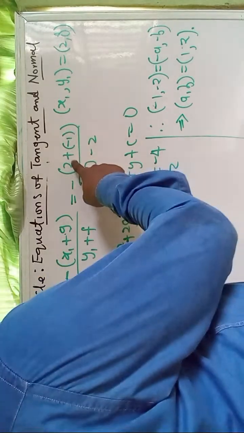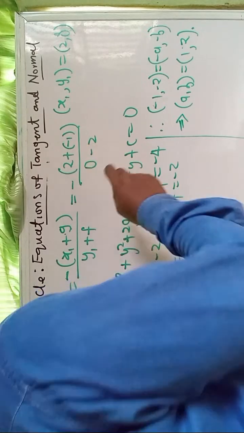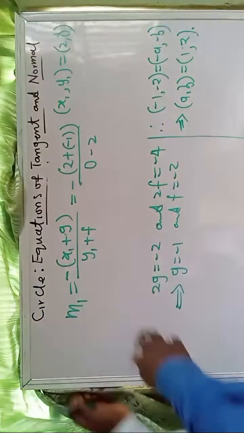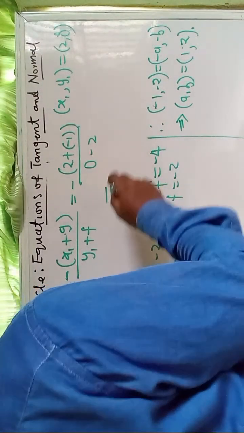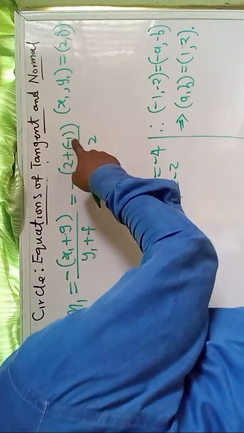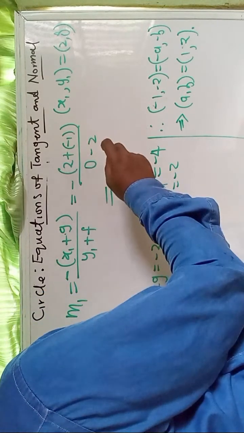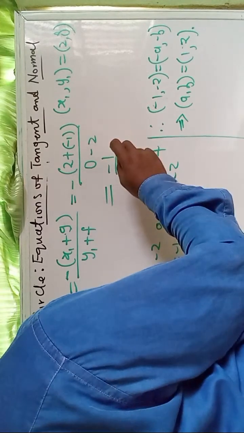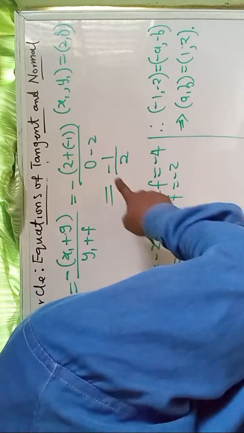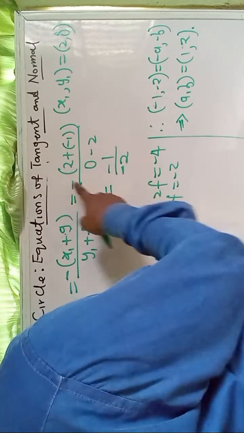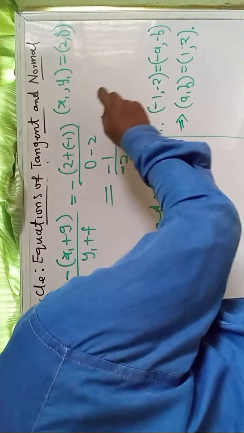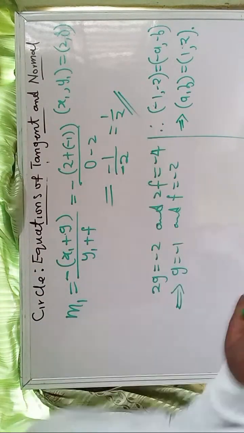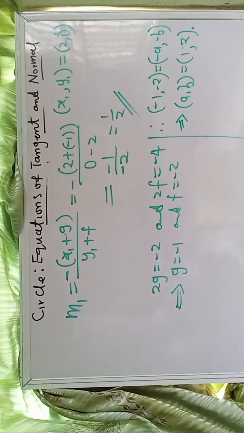If you simplify this, everything here will be equal to minus 1 over 2. So m1 is the slope of the tangent.